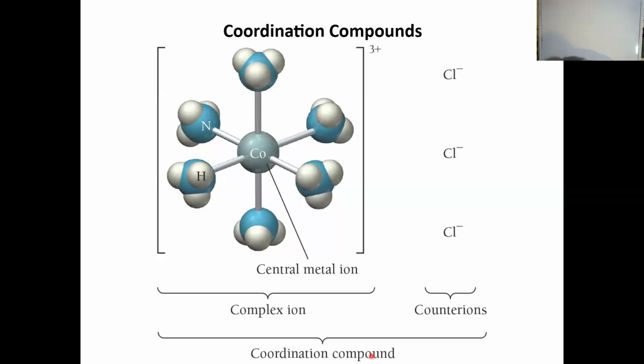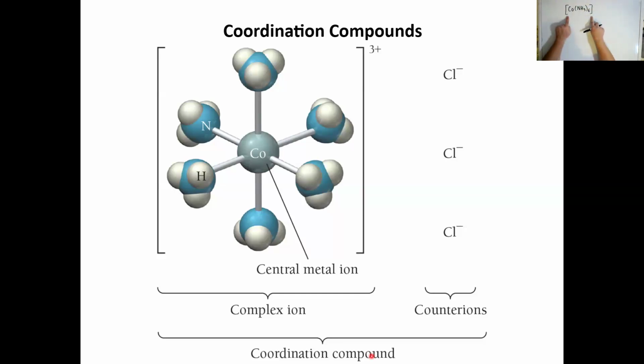If we were thinking of how to write this out in formula form, we would use brackets to close in our complex ion. So we've got a cobalt, and these are NH3 ligands that are attached, and there are 6 of them.